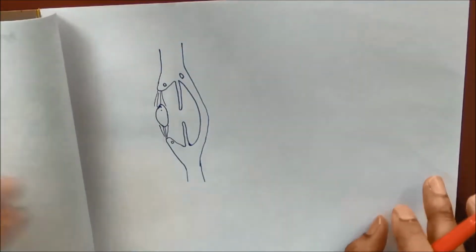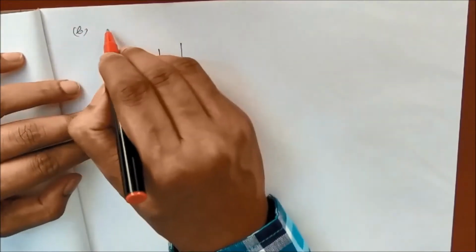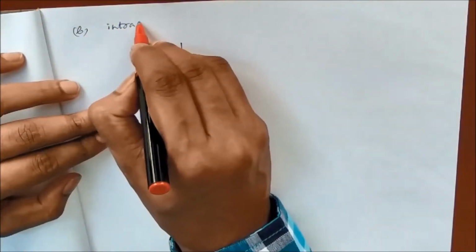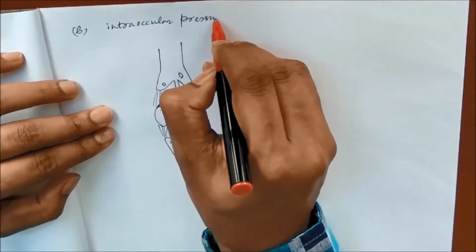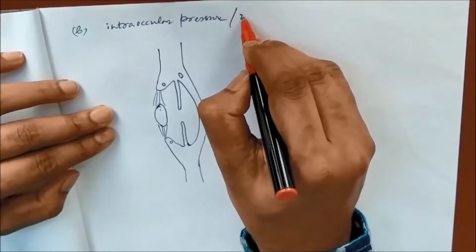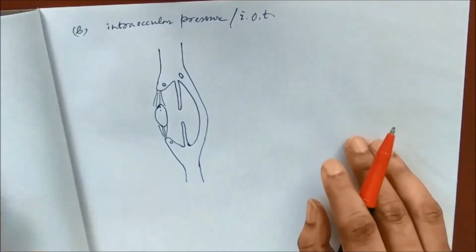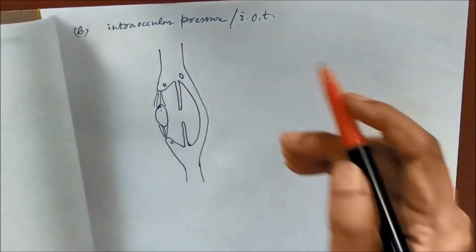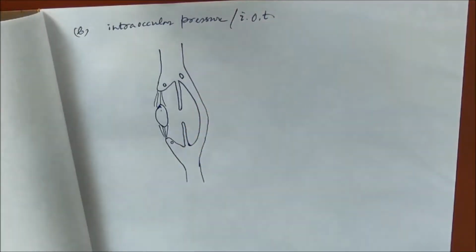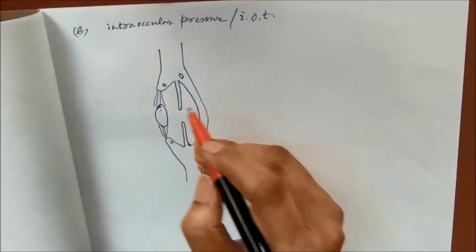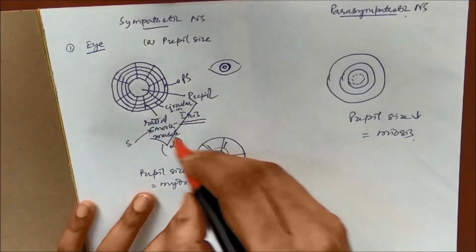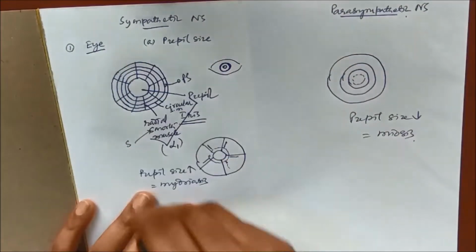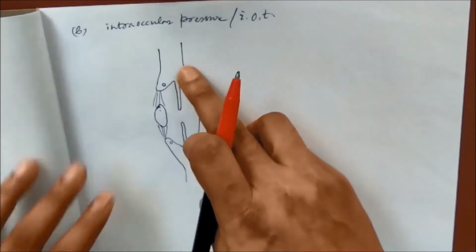The second autonomic activity on the eye is intraocular pressure, or intraocular tension, which is the pressure caused by aqueous humor on the lens. If you take a transverse section of this, it will look like this.